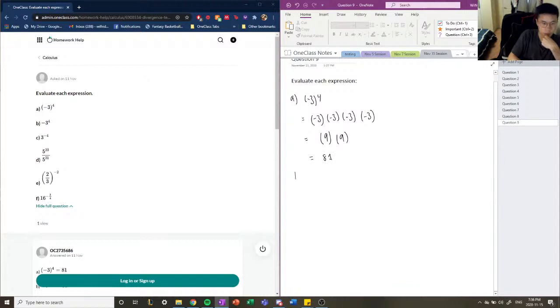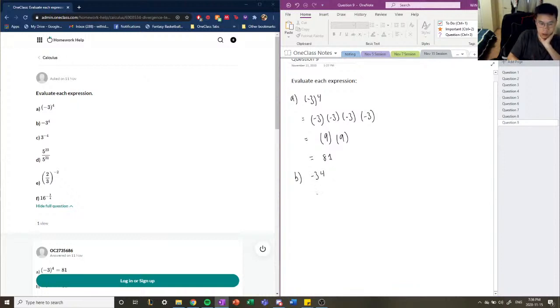Okay. B, -3 to the power of 4. This one is different because using our BEDMAS rules, we always evaluate exponents first before we apply any negatives or positives.